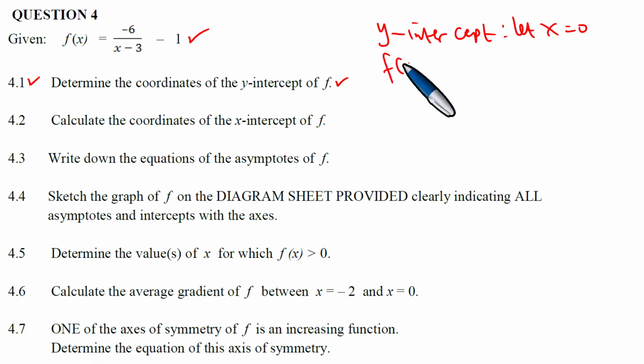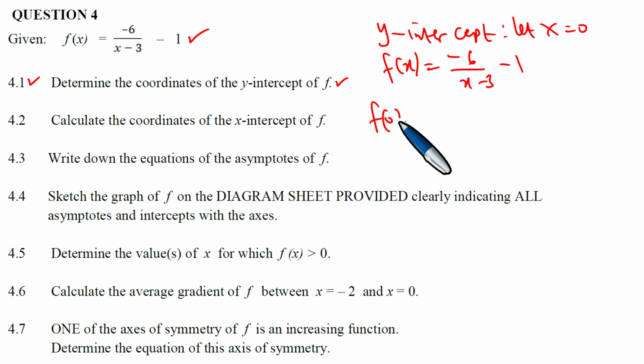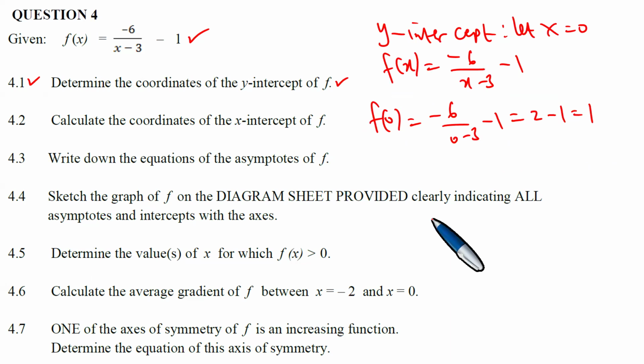So we have f of x, which is minus 6 over x minus 3 minus 1. Getting f of 0, which is minus 6 over 0 minus 3 minus 1. This is exactly 2 minus 1, which is 1.